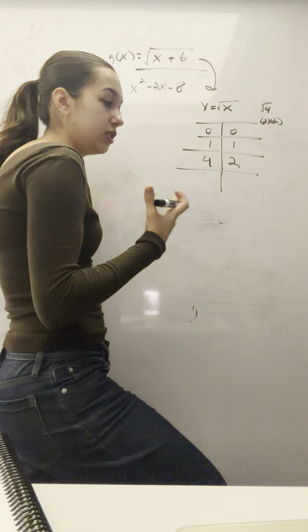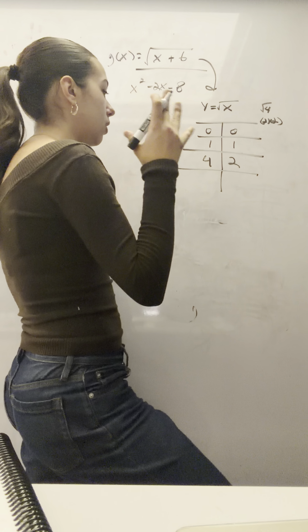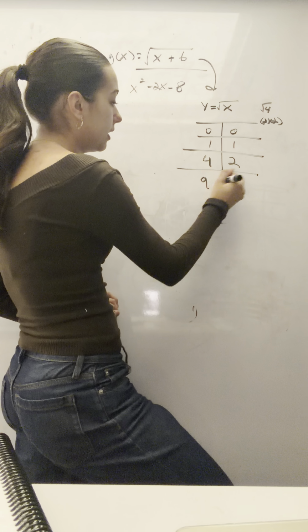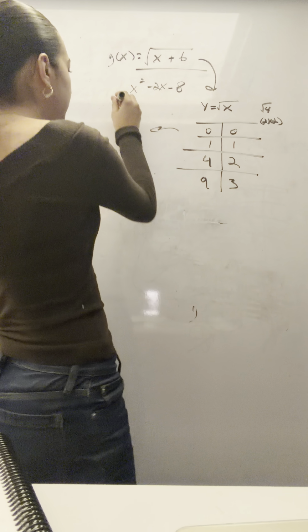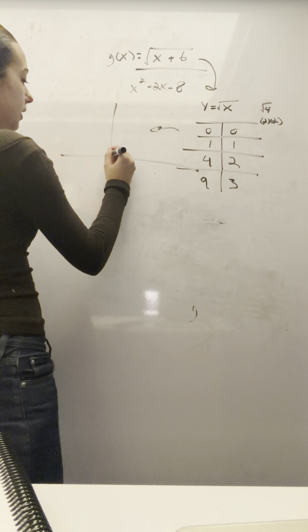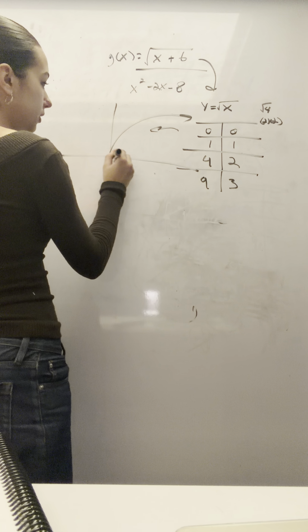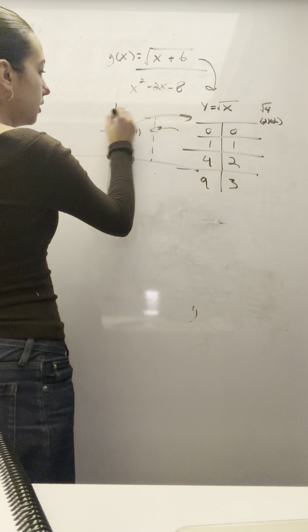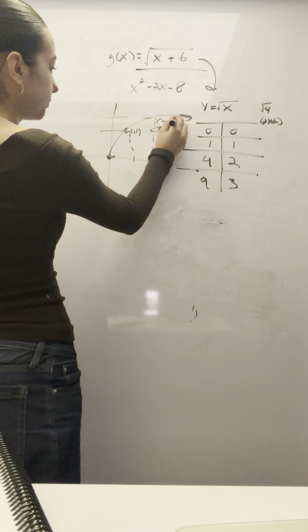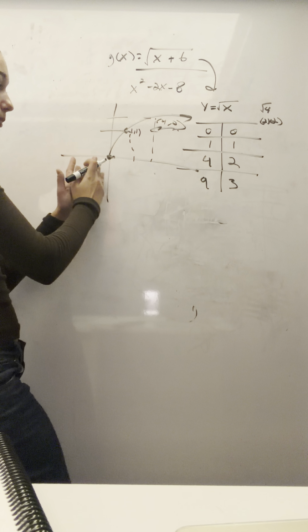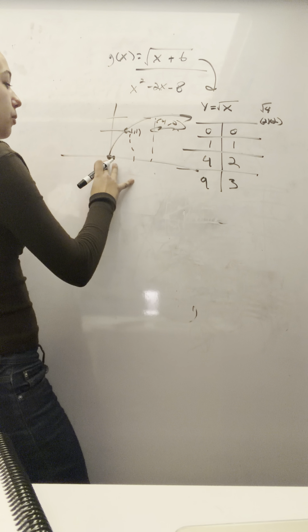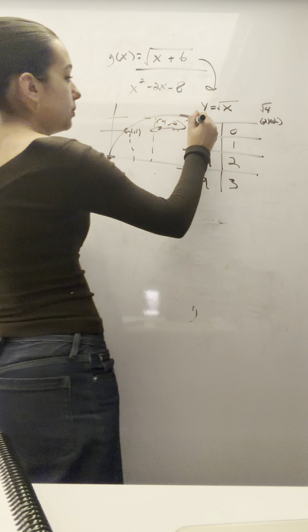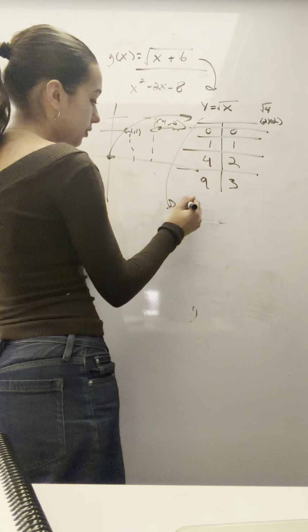Again, no two numbers are going to give you 5 or 6 or 7 or 8, but 3 times 3 gives you 9, so root of 9 is equal to 3. And if we plot this function on a graph, it's going to look something like this: 0, 0, 1, 1, 4, 2, and so on. So what are the restrictions on this graph? Well, it has to be greater than or equal to 0, because we can never have a negative in a square root.